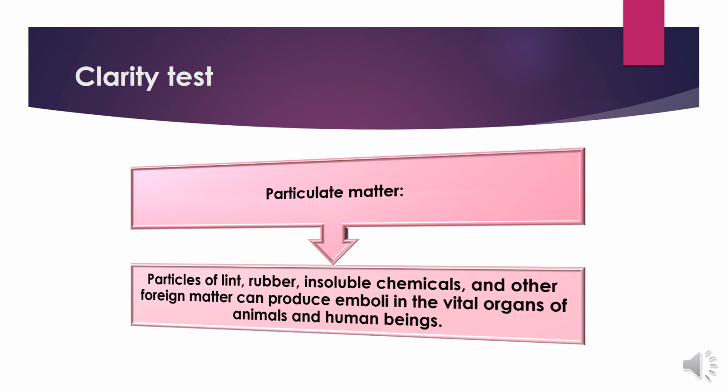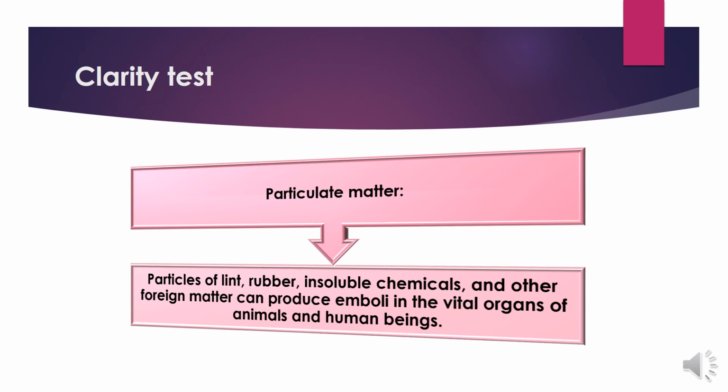The insoluble chemicals may be the active or inactive ingredients of the same preparation that is being manufactured, but if the particles remain undissolved after the preparation, they are also referred to as particulate matter.